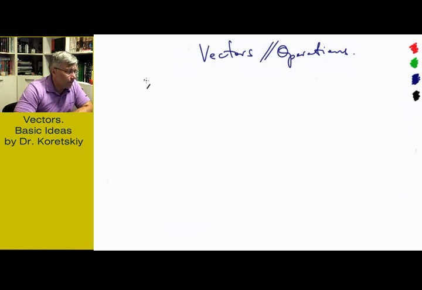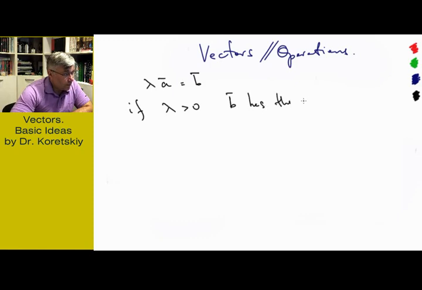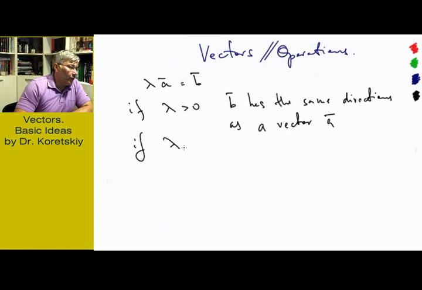Multiplication by a scalar: if lambda A equals a new vector B, so if lambda is positive, vector B has the same direction as vector A. If lambda is negative, less than 0, B has an opposite direction.